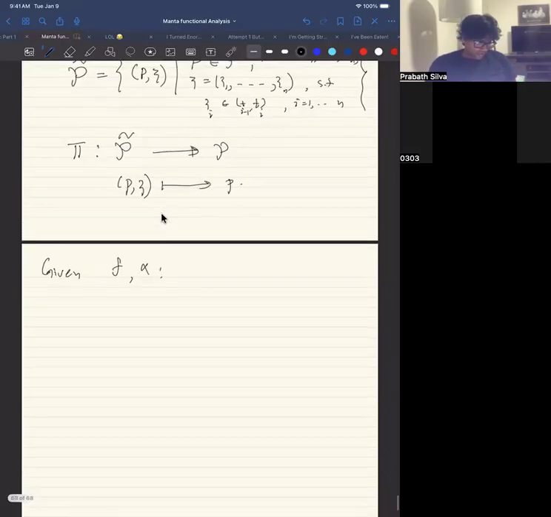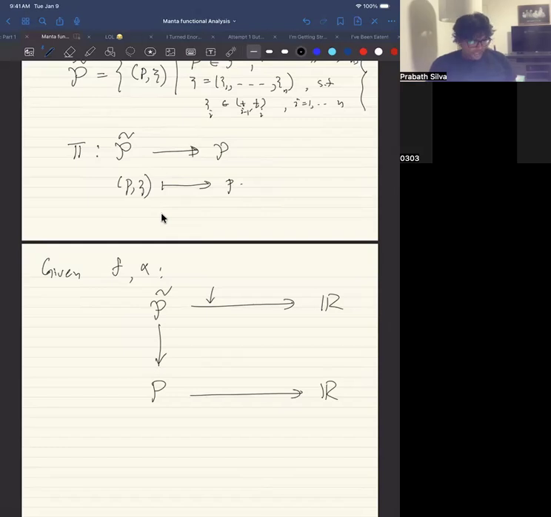we have these maps on P tilde going to P. So this is what you really want. You want to define, in here you have two maps.